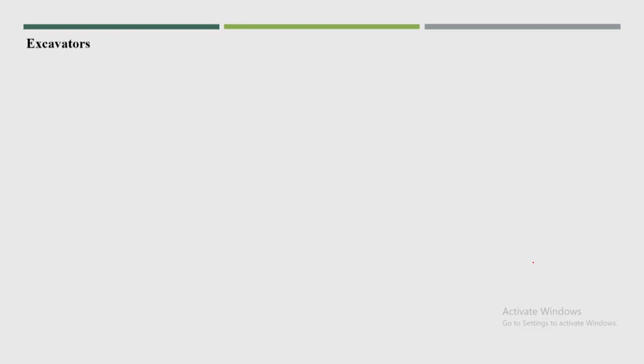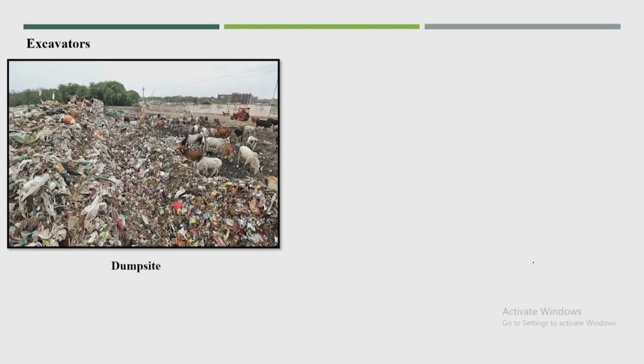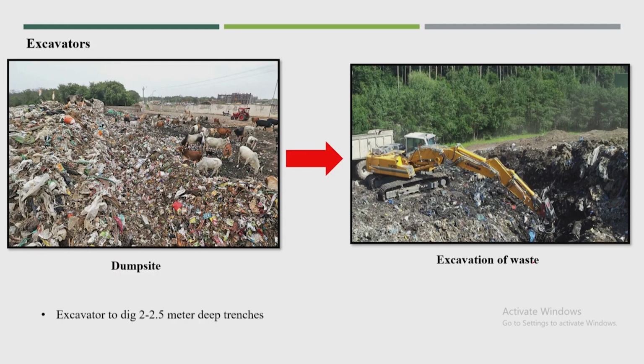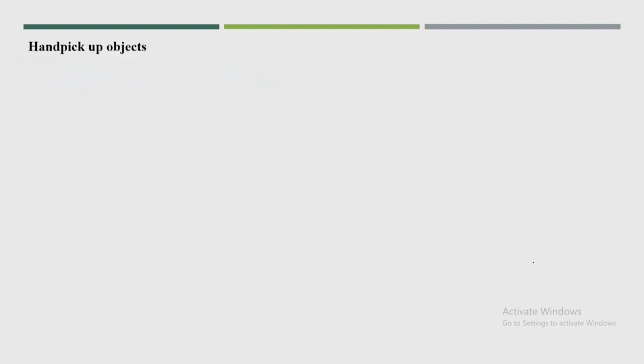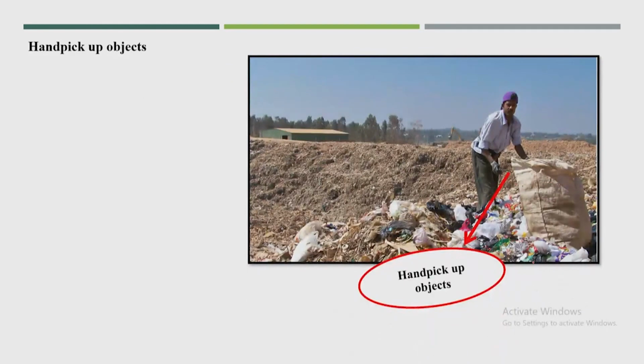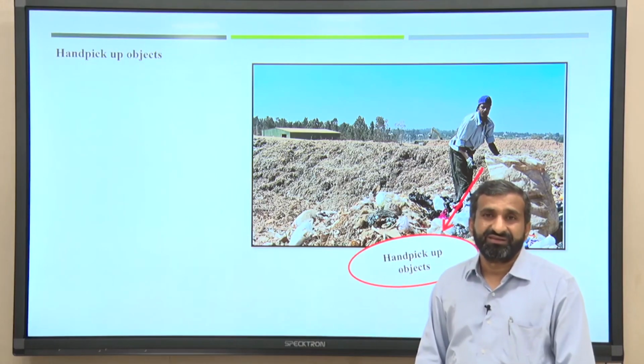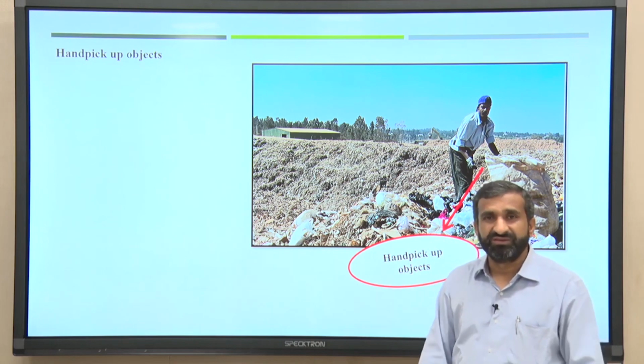I think what is important here is the excavation of dump sites. This is the way we can excavate 2 to 2.5 meter depth: an excavator digs 2 to 2.5 meter deep trenches, then you hand pick the objects, as you can see here. Even in this case, a lot of rag pickers are available in most of the landfills.